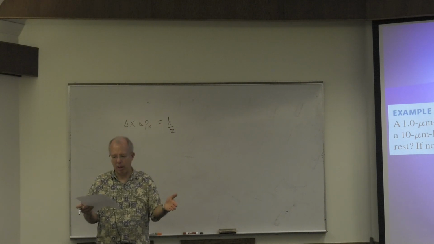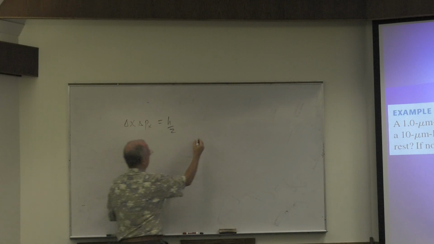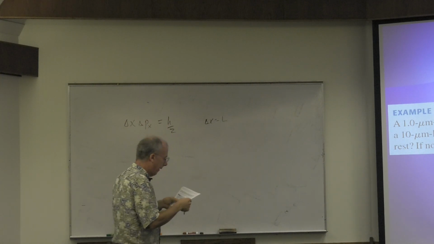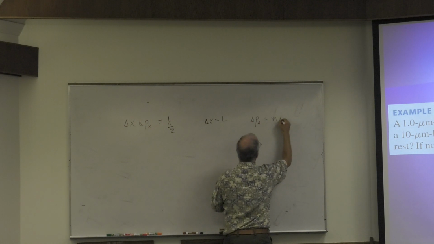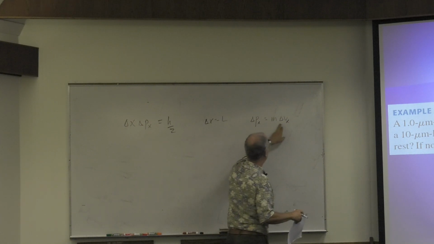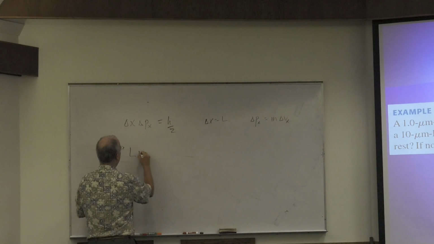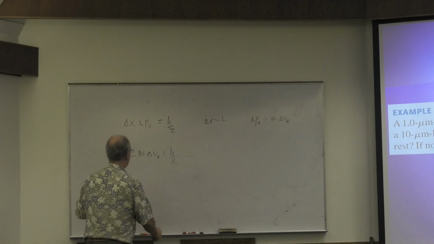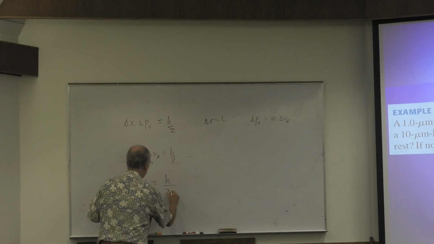Well, it's confined to a box, so delta x is just the length of the box. It has to be somewhere in the box. And what's delta p? Delta p is just m delta v, we're saying the mass is the mass. So delta p is m delta vx. So we have L times m times delta vx equals h over 2. So now we have delta vx equals h over 2mL.